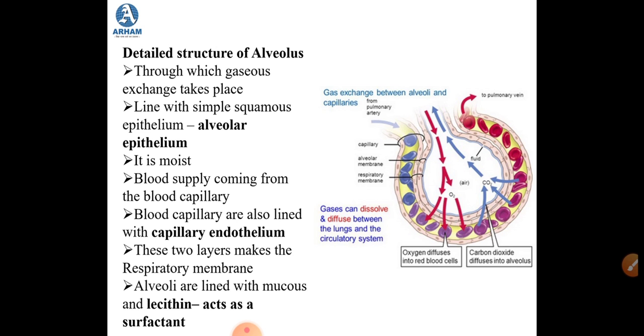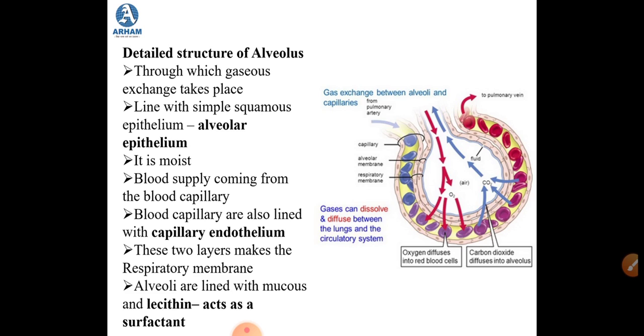Now we have also studied the detailed structure of alveolus. I am just revising over it. In this we have studied that this is where the gaseous exchange takes place. The alveolus, that is one circular portion of the alveolar sac, is lined with a simple squamous epithelium, which is known as the alveolar epithelium.